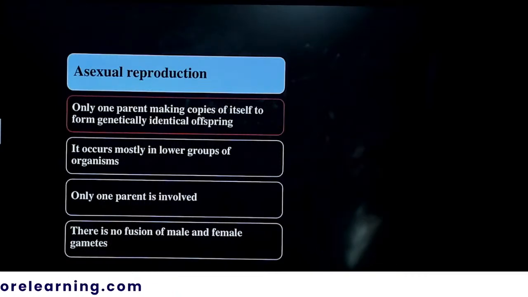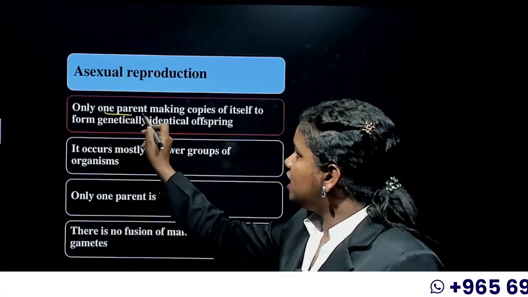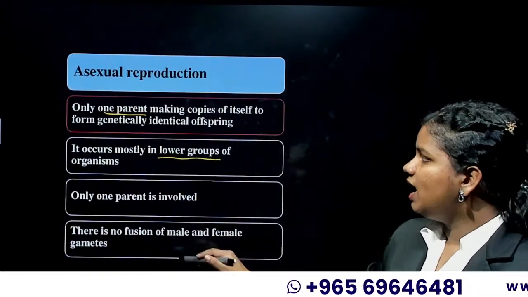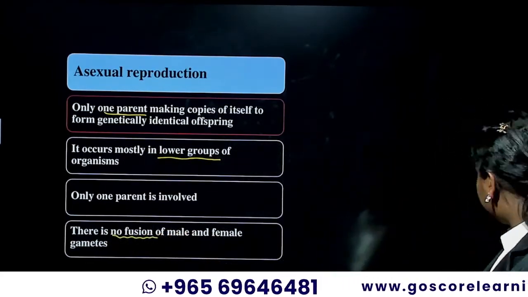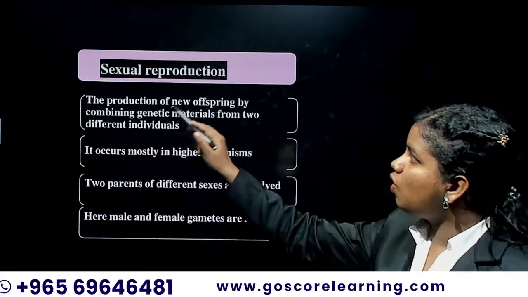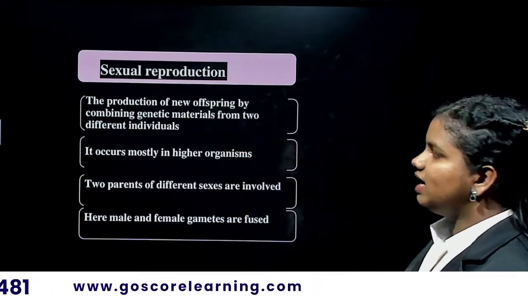Okay, so asexual reproduction is where only one parent is involved, and it occurs mostly in lower groups of organisms, and there is no fusion of male and female gametes. While sexual reproduction is the production of new offspring by combining genetic material. I think we have already explained it.